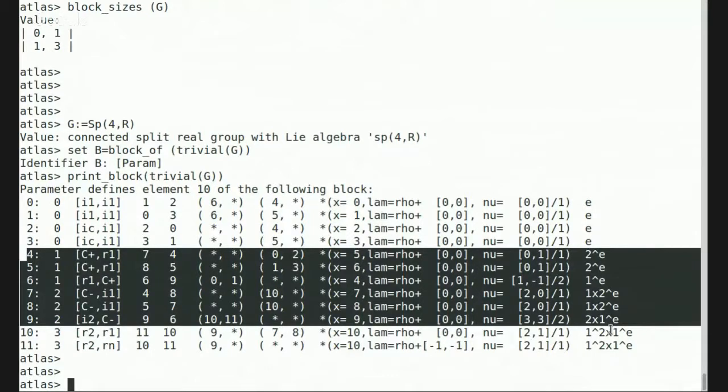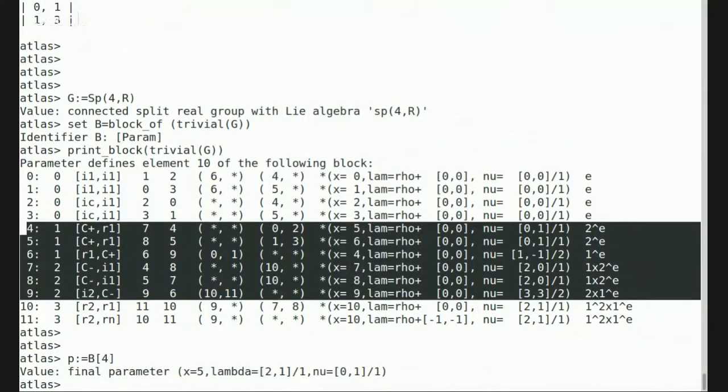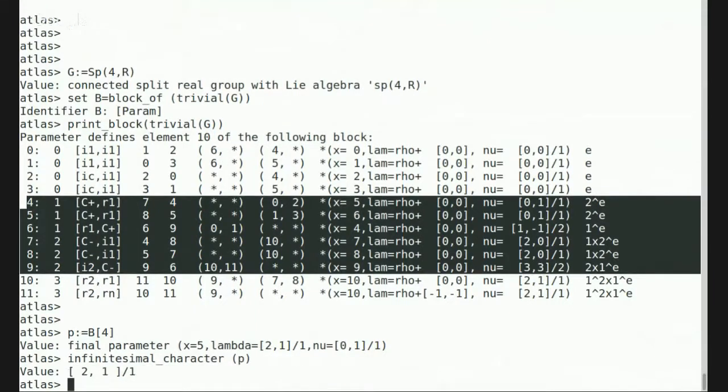Let's start by looking at representation number 4. Let's take P to be representation number 4 with x equal to 5. What do I know about this representation? Of course, its infinitesimal character is rho.